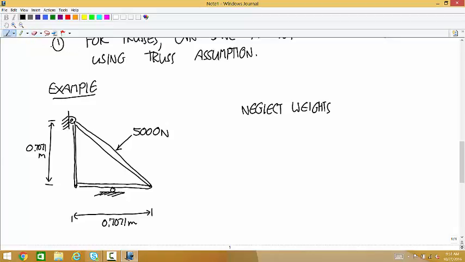No matter how much you want to simplify the problem, if the weight is going to add significant forces to the problem, you can't do it and get good results. So it really just has to do with whether the weights are swamped by the other forces or not. And we want to figure out the external loads on each member.